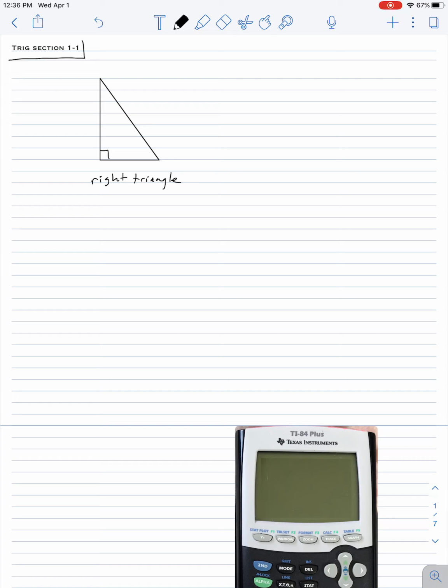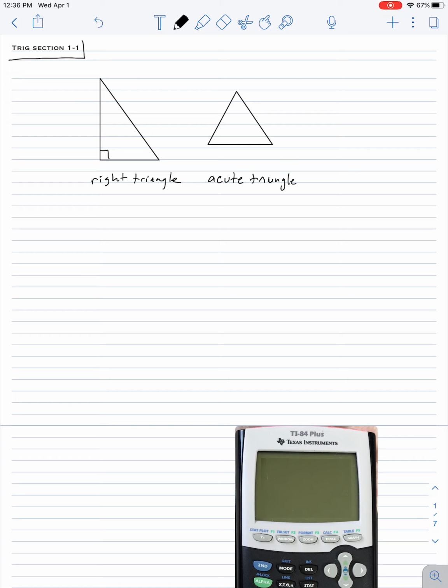We can also have what we call an acute triangle. Now sometimes triangles are right triangles and acute triangles. That happens. But that's not necessarily always true. This is an example of an acute triangle.